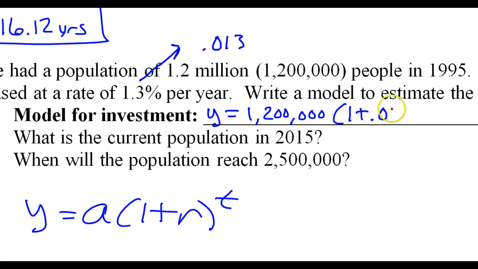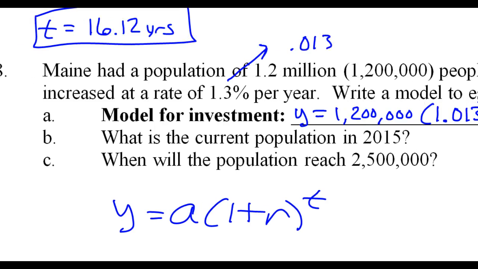Now 1 plus 0.013 is simply 1.013. Then, to the power of time. Please leave this as t for the model, because it's supposed to give us the population for any year we want.